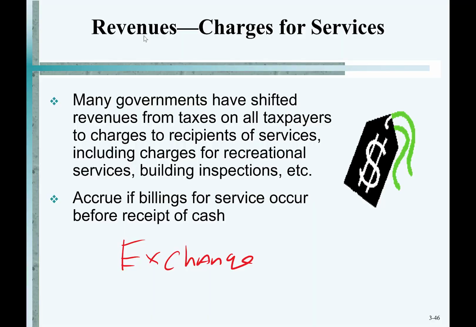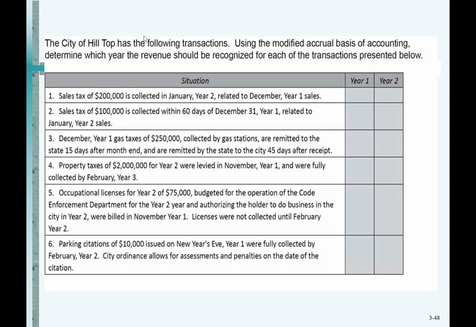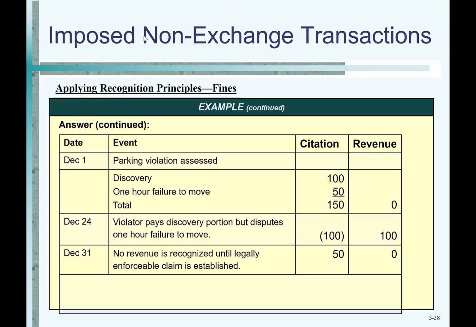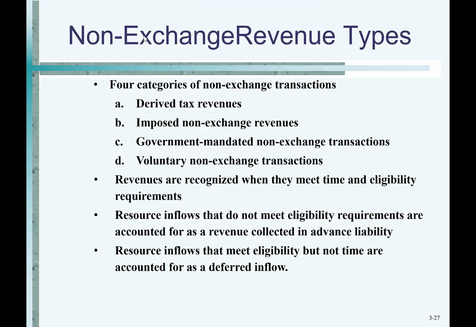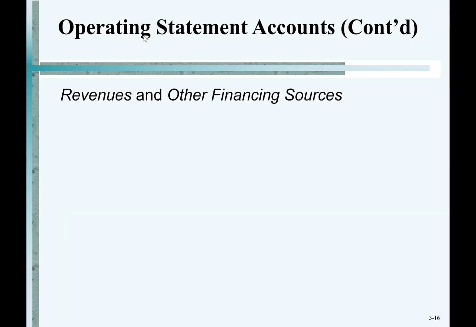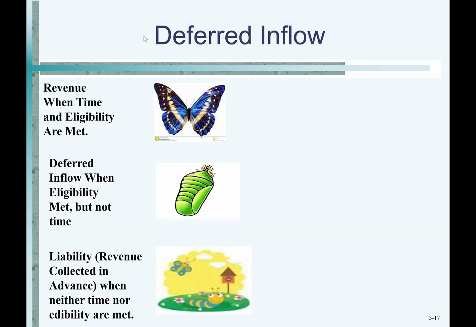Okay. So I just want to show you, after we've gone through that, this wonderful graphic that I showed you the other day, which is what? You cannot be a revenue if you haven't met eligibility, right? You haven't met eligibility, you're not a revenue. So if you haven't met eligibility, you are a liability, aren't you?